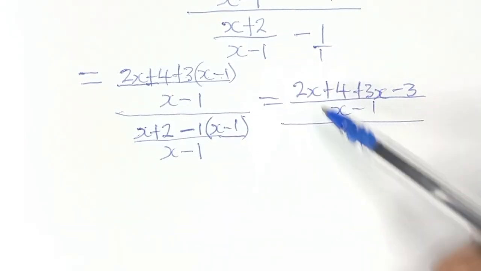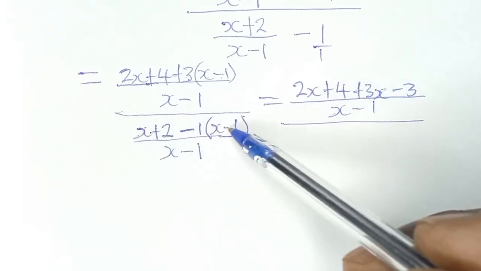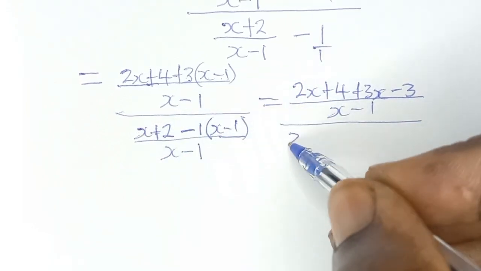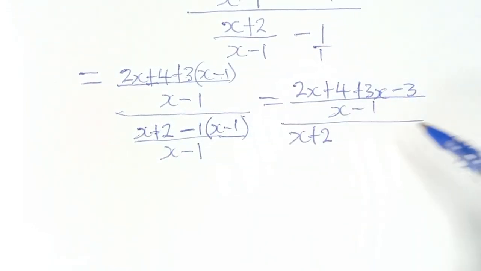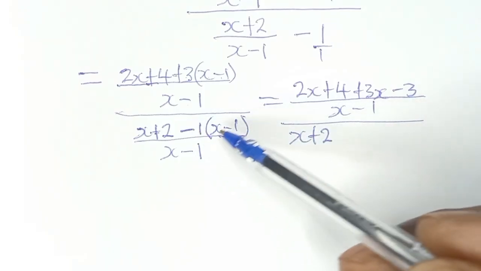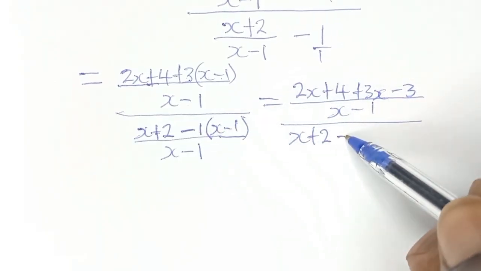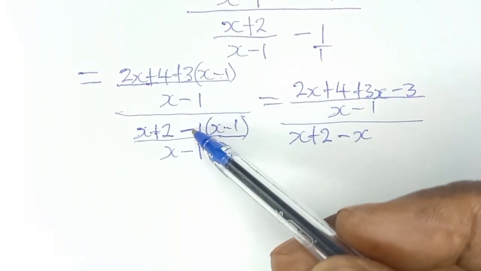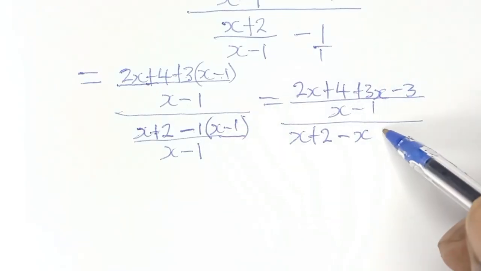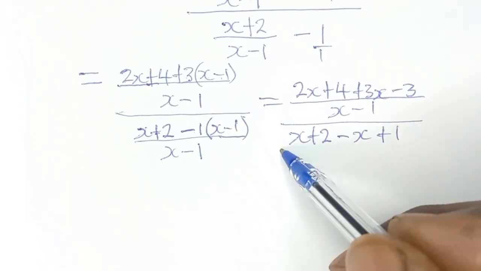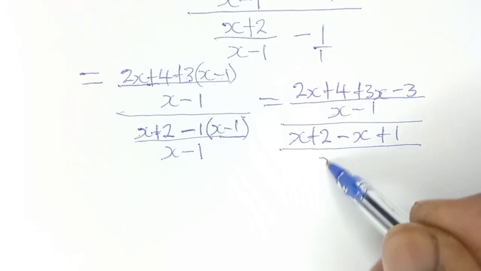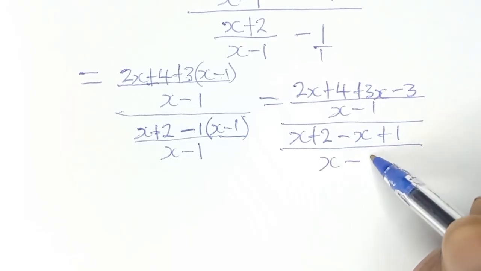And then over this one here, let me also expand this. I have x + 2, and then this negative 1 multiplied by x will give us negative x, and then negative 1 multiplied by negative 1 will give us positive 1, and then all over x − 1.